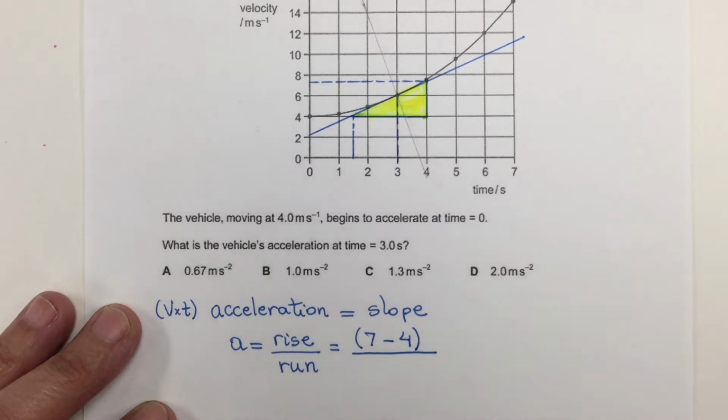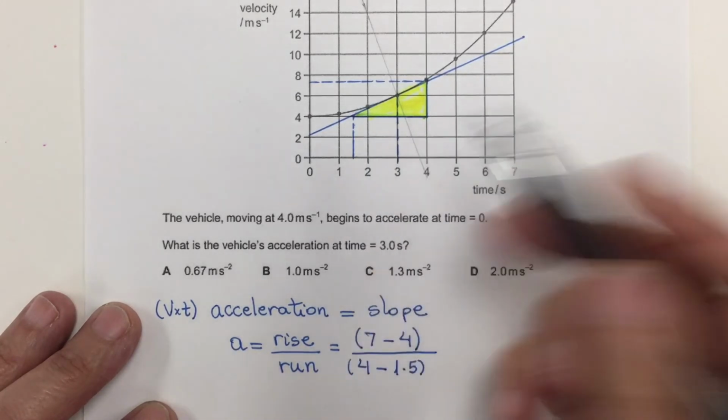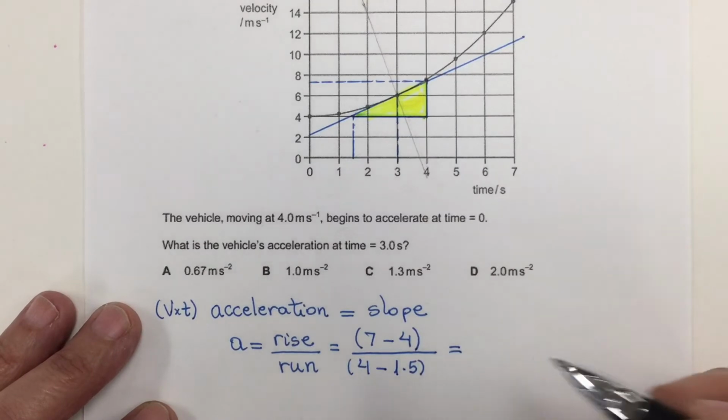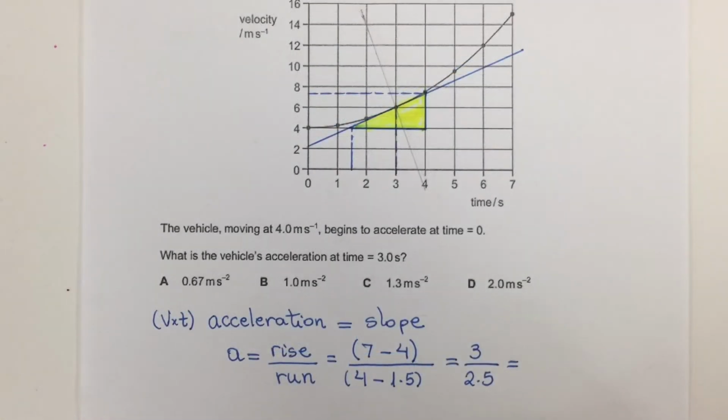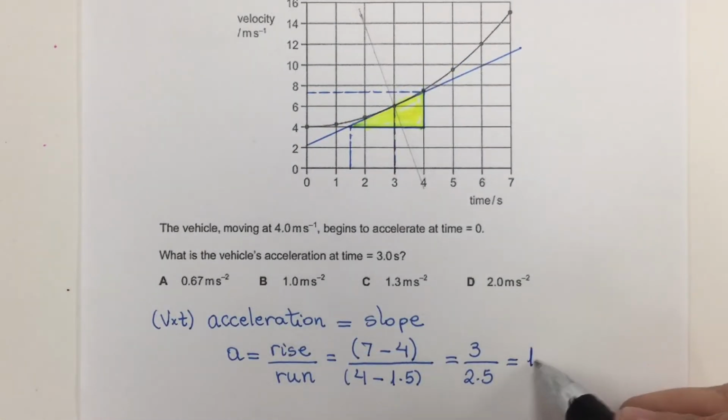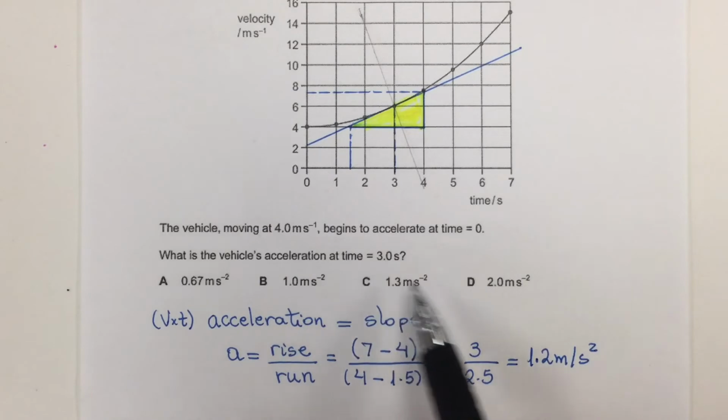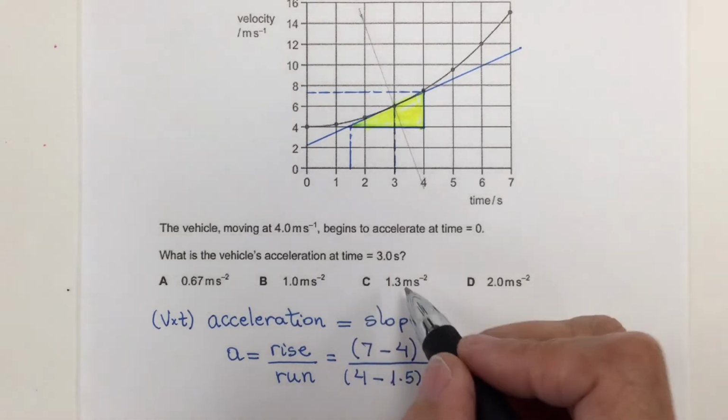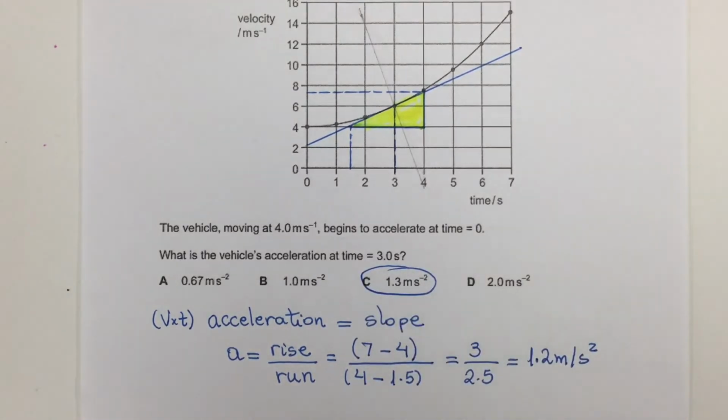And for the run, 4 minus 1.5, kind of between 1 and 2, approximately. Okay, so this time I got 1.2 meters per second squared. And when I look at the options, this is the closest one. So that will be my pick.